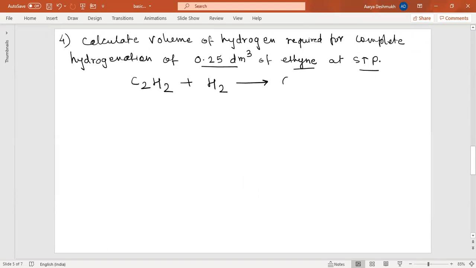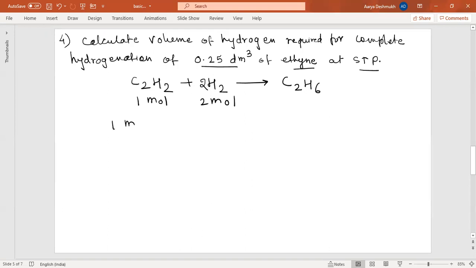Now C2H2 plus H2 gives C2H6. H2 here should be twice. Then this is 1 mole. Here there are 2 moles.